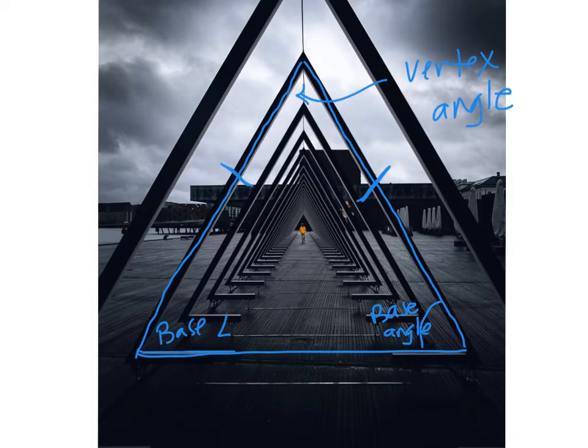The side across from the vertex angle, the side that's not congruent to the other two, that is called the base of your triangle. It doesn't matter which way the triangle is oriented, just between the equal sides, that's your vertex angle. Then you have your base angles across from the equal sides.